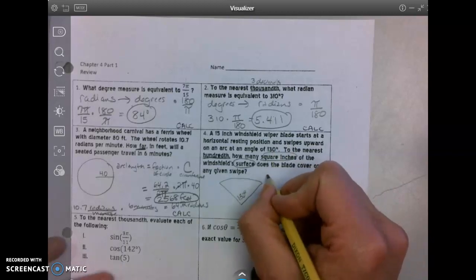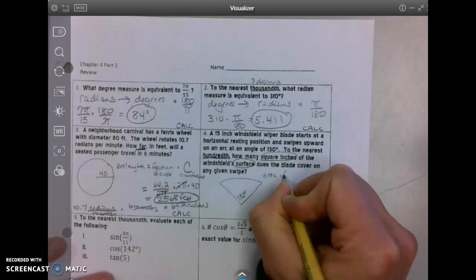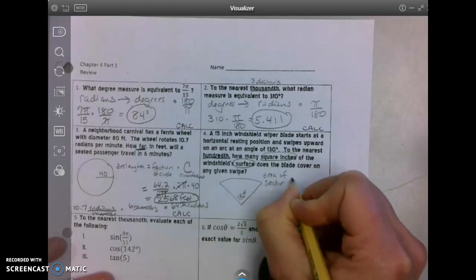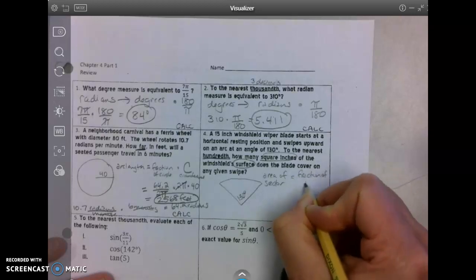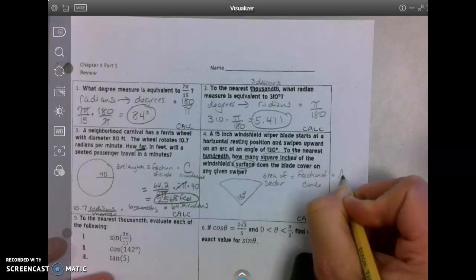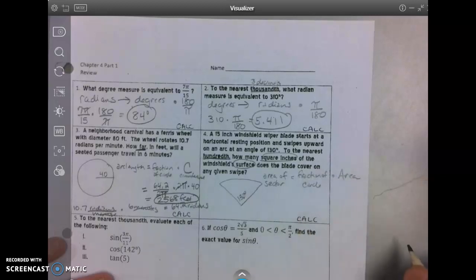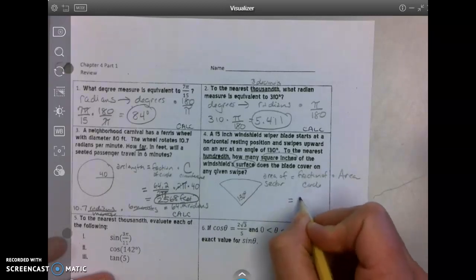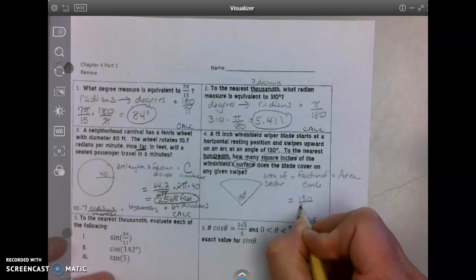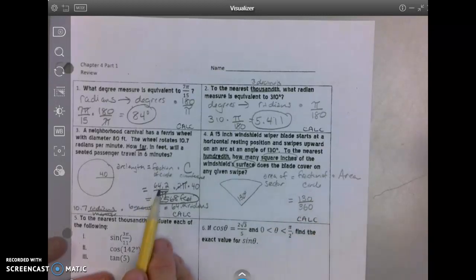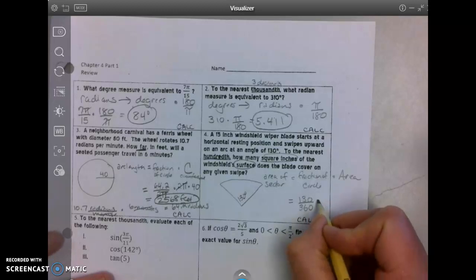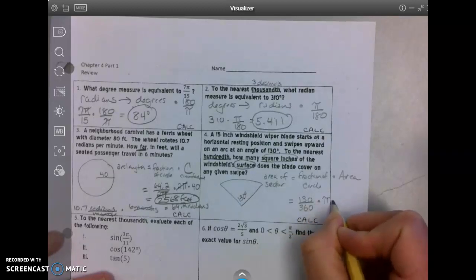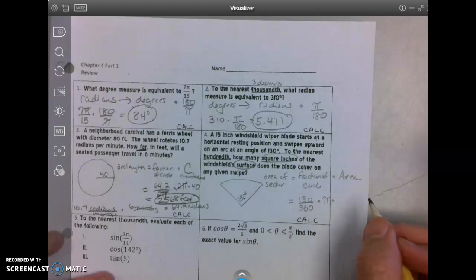So I'm looking at area of a sector, which is still fraction of the circle times area of the circle. My fraction is 130 degrees out of 360. In this problem, I did divide it by 2 pi because it was in radians. Here I do it divided by 360 because it's in degrees. Times area is pi times the radius squared.